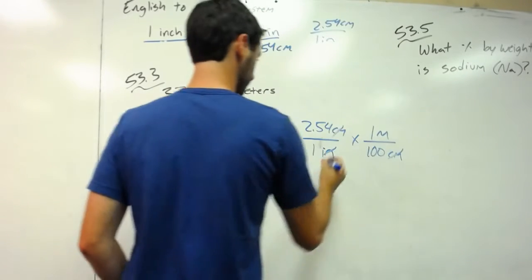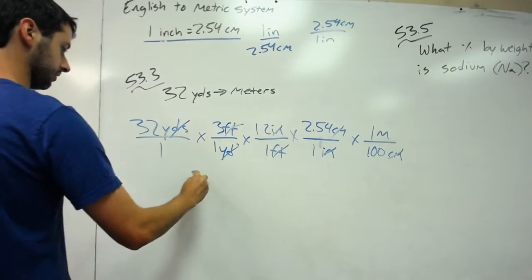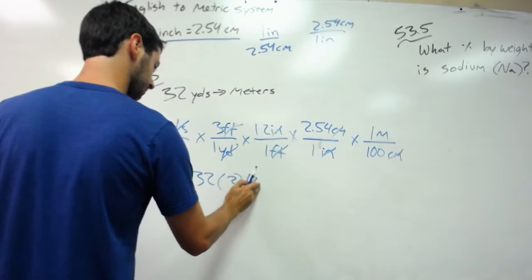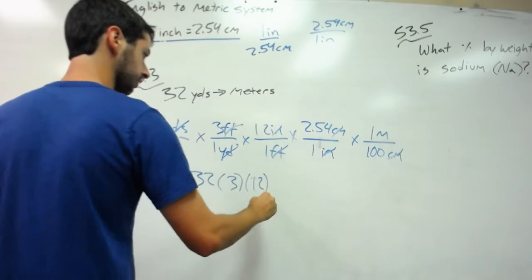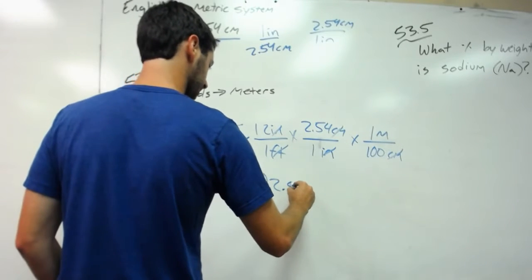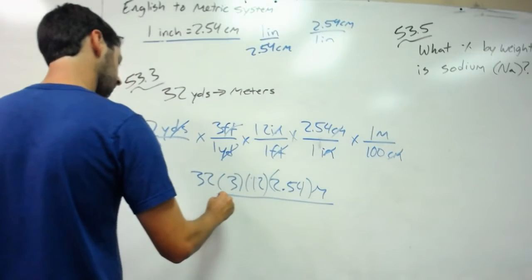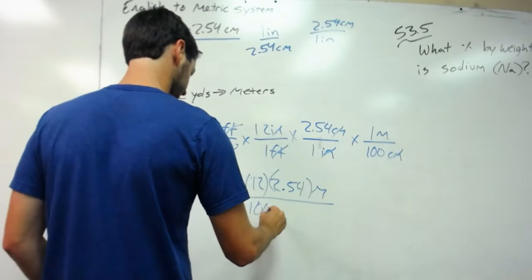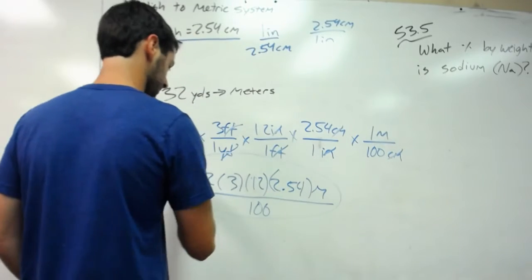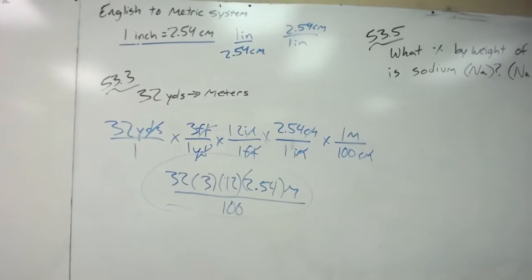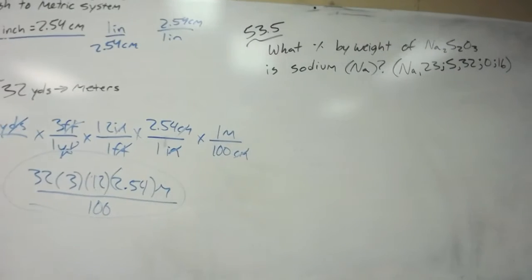Centimeters cross out, and then we just write our answer. 32 times 3 times 12 times 2.54 meters all over 100. And that would be your answer. And that's how you convert from the English measurement system to the metric measurement system.